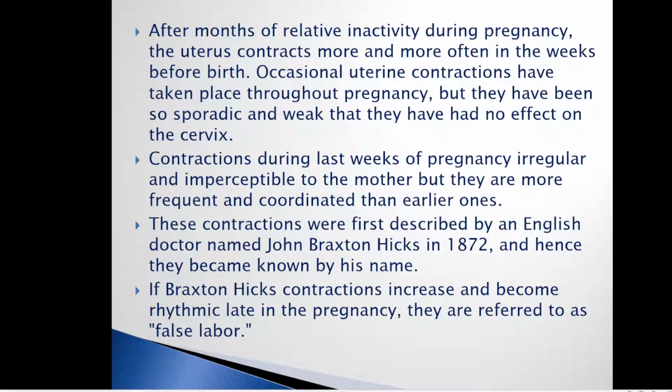Contractions during the last weeks of pregnancy are irregular, but they are more frequent and coordinated than early ones. These contractions were first described by an English doctor named John Braxton Hicks.